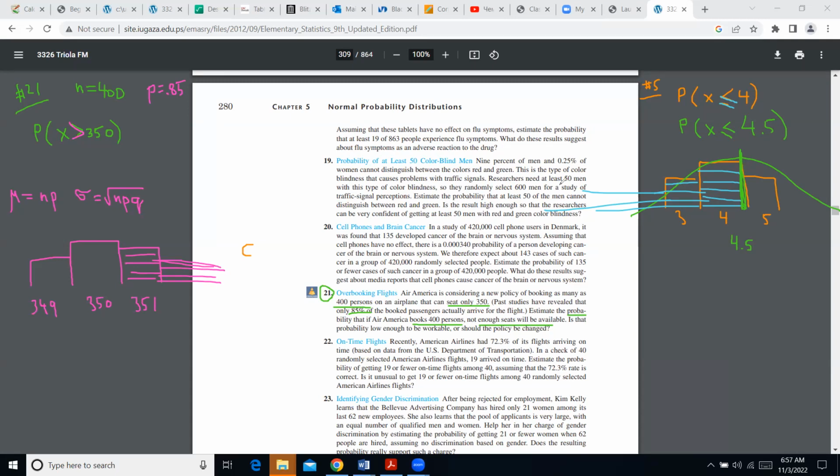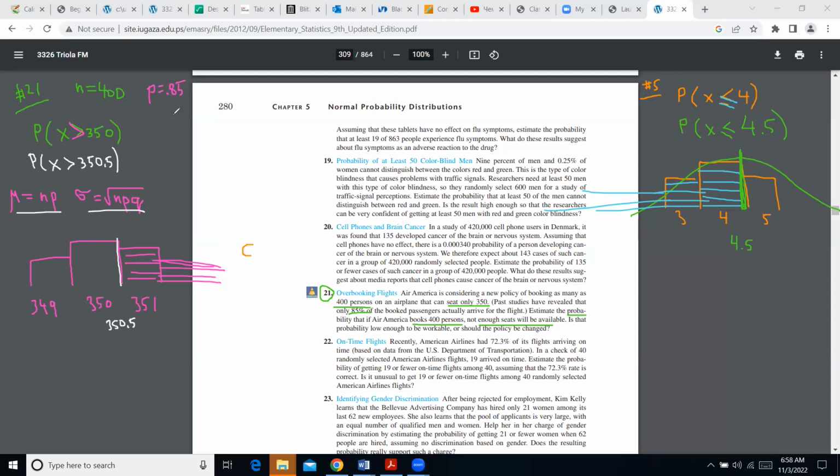And here's the border, and the number 350.5 is what we have to use for our continuity correction. Again, we do this because we don't have mean and we don't have a standard deviation given to us, so it's not normal distribution, and we produce normal distribution by doing this 0.5 increment.